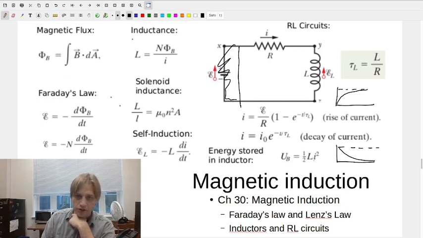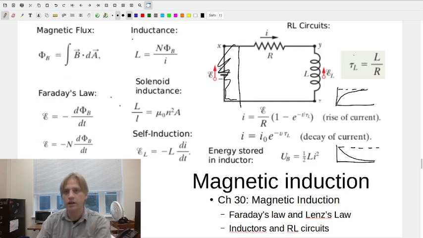That's magnetic energy stored from the current squared times the inductance of the inductor times 1/2. And we also came up with this inductive time constant that tells us something about how long the current takes to rise when we apply our voltage to our RL circuit, and how long the current takes to decay.